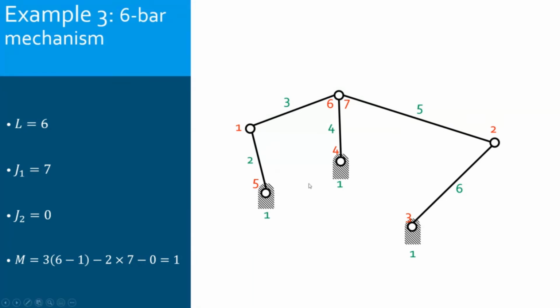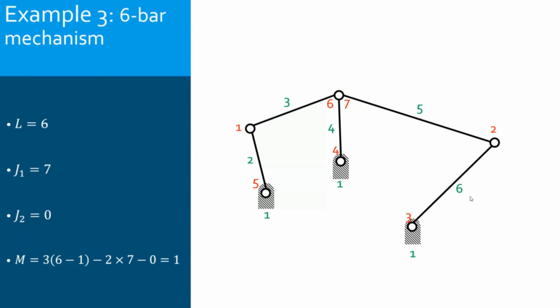So I will start here by counting 1, the ground. Then I will count 2, 3, 4, 5, and 6, the other moving bars. So I will have L equals 6.